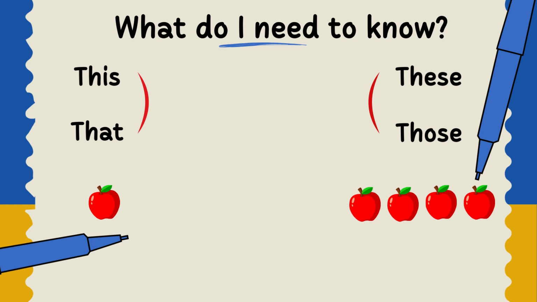Now you're probably asking, but how do I remember that? Well, here comes the memory trick. How many letters are in the words this and that? 4, right? And how many letters are in the words these and those? There are 5 letters.